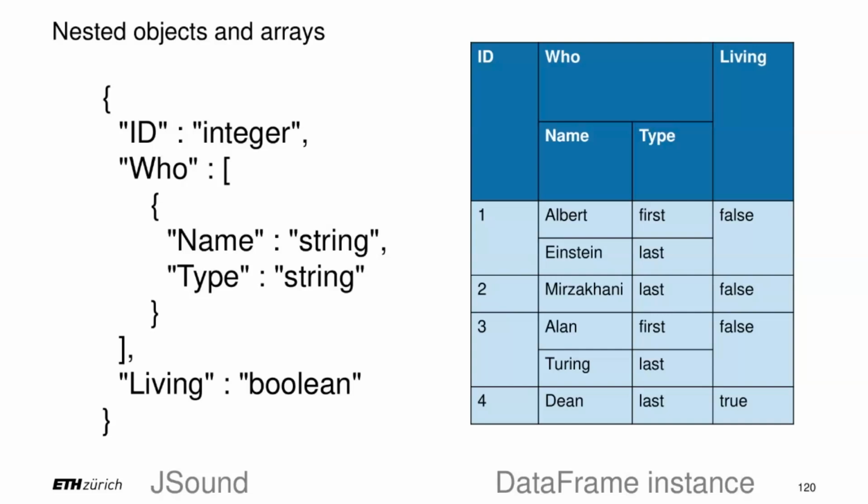Right? So you define, like we'll see in Spark when we actually get to data frames in Spark, that ID is an integer, who dot name, who is a struct, so an object, name is a string, type is a string, and living is a Boolean. And so you do not want to have to look at the data to discover the keys.